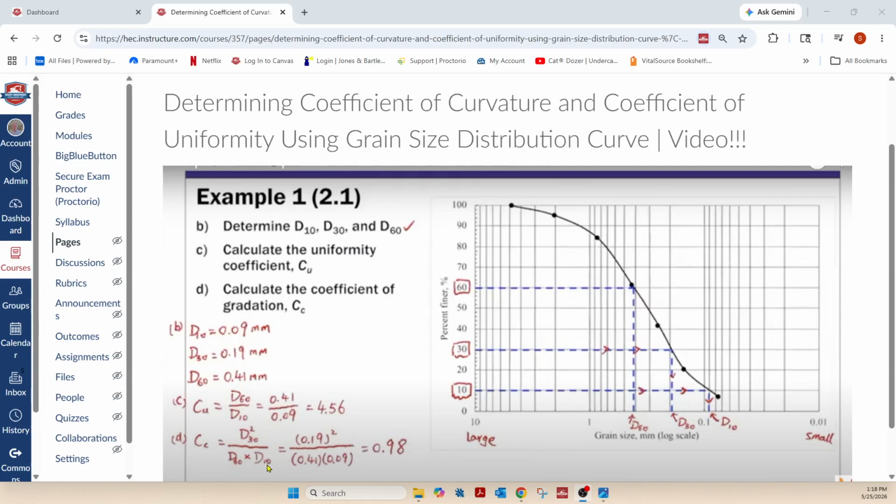Now I've done the same thing down here. Here is D30 squared, the diameter squared at 30% passing, and I have that particle size at 0.19 right here. Now I've got to square that, and then I've got to multiply D60 times D10.